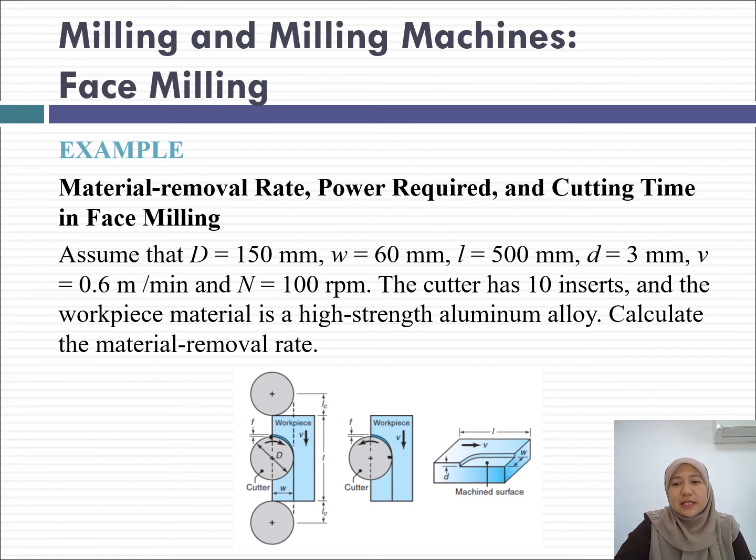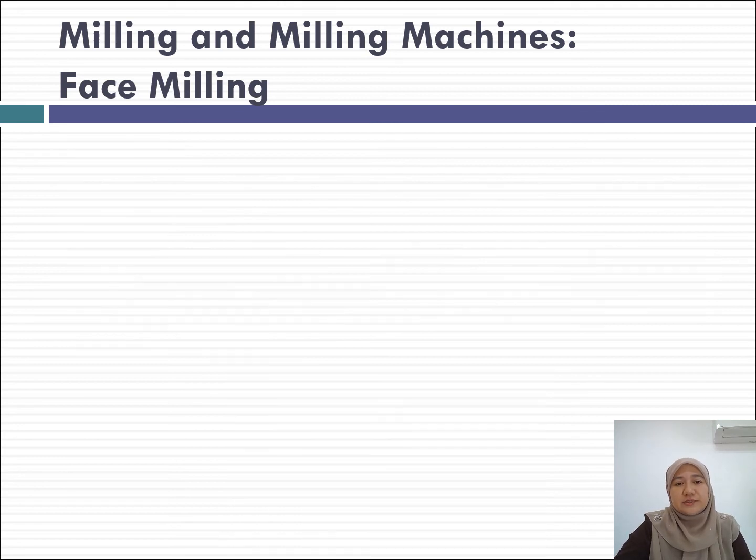The cutter has 10 inserts, meaning the number of teeth is 10, and the workpiece material is high strength aluminium alloys. Calculate the material removal rate.